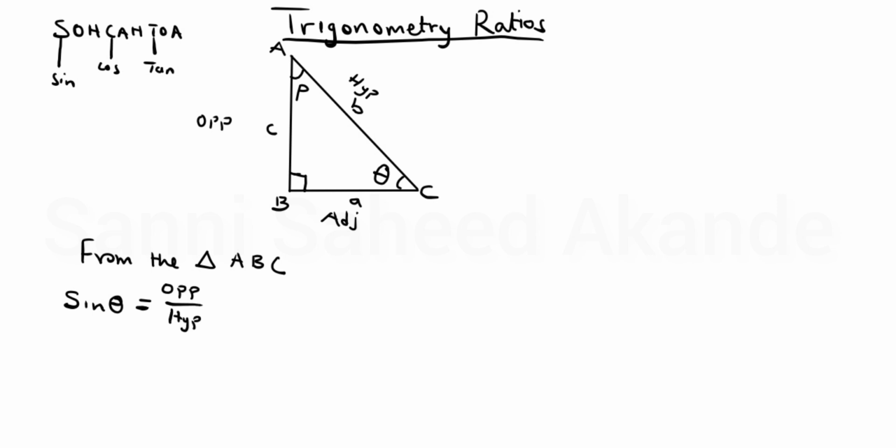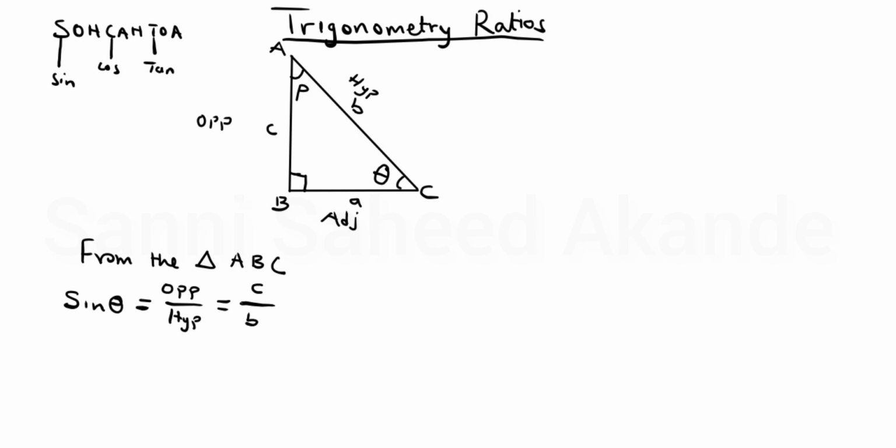Now from this triangle that you are seeing on the screen, what is my opposite, considering this angle theta? Don't forget we are considering this angle theta. So where this angle theta is facing is our opposite. Understood? So the opposite is c divided by the hypotenuse, which is the longest side, equal to b.